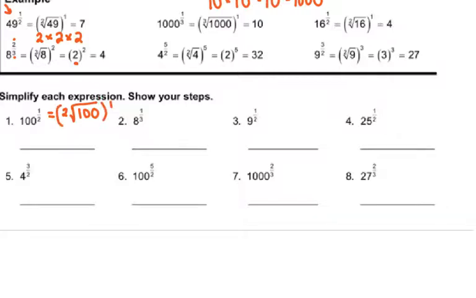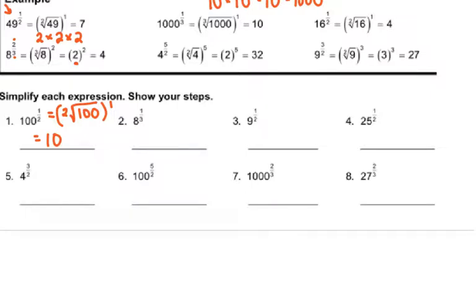We know anything to the first power is just that number. Well, what is the square root of 100? So what times what gives us 100? Okay, you might be saying 10, because 10 times 10 gives you 100. Okay, so that one's solved.